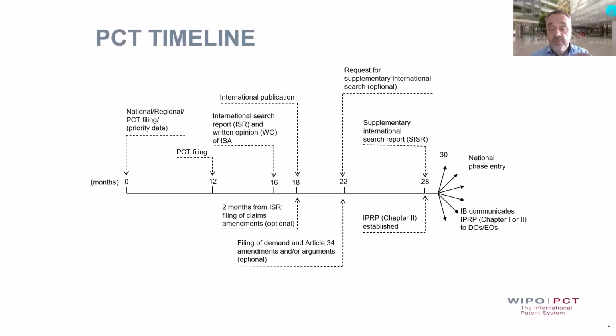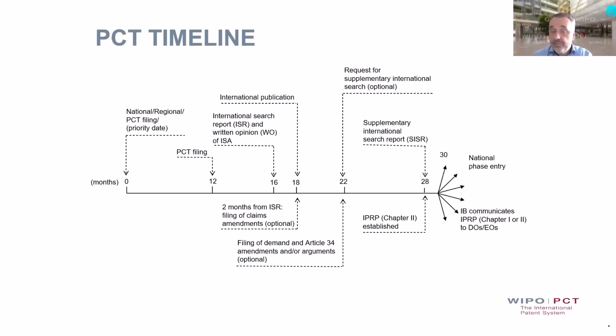In this case, you're not able to amend your application, so it's not going to be possible to file amendments and then get a search report by a second authority on the amended application, but it will be on the application as originally filed, but from a different searching authority, with the idea that this authority might have access to maybe some prior art in languages not so accessible to the main searching authority, and will possibly then find certain relevant prior art documents and make them known to you before you decide to enter the national phase.